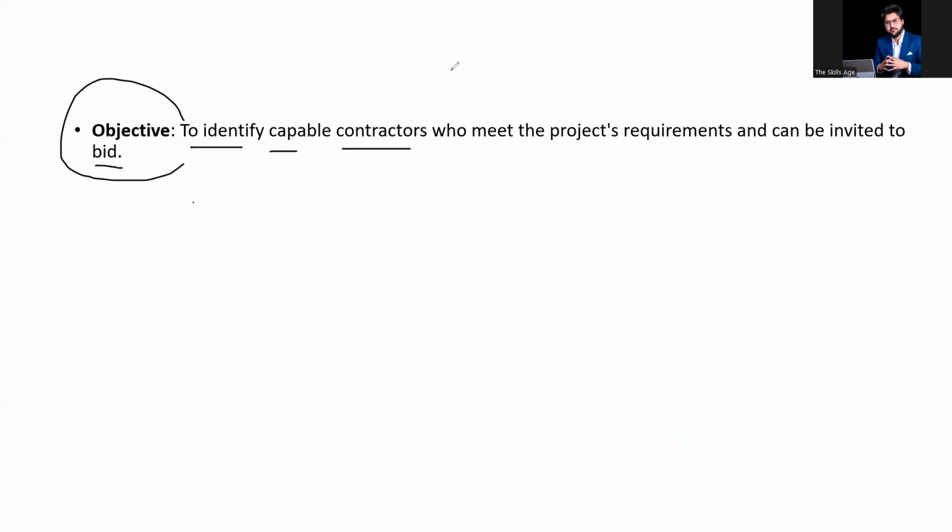Obviously, if I have an offshore drilling project, I have to look for the companies, contractors, or service companies who have already done a great job in previous projects, having a good reputation. So they should meet my requirement. It's not that I should invite anybody. I should do a kind of screening, that these companies are going to be invited to my pre-qualification bid meeting, so they should have already done this kind of work. So this is the objective.